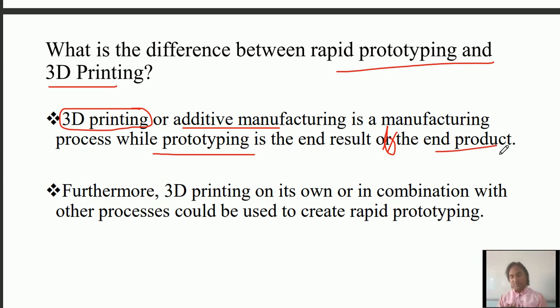With the help of 3D printing or additive manufacturing, we are able to produce the prototype. I am going to tell you one simple fact, about when we talk about a model and when we talk about a prototype. In engineering terms, a prototype is necessarily a working model, but when we talk about a model, it is not necessarily working.